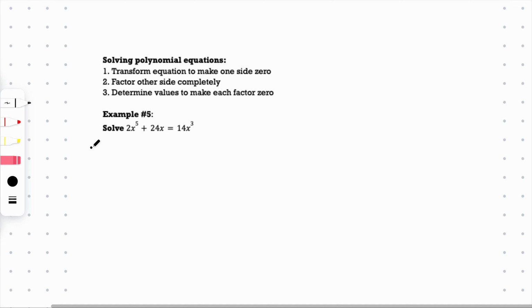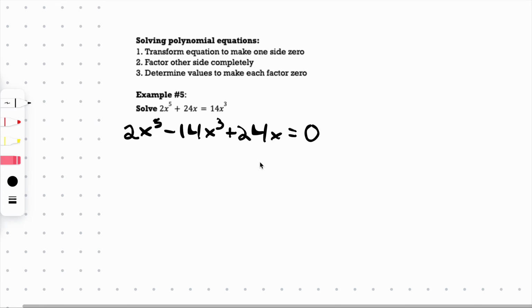So I'm going to rewrite this as 2x to the 5th minus 14x cubed plus 24x equals 0, just because I'm subtracting 14x squared from both sides. Now I'm going to take out the greatest common factor out of all of these. So in this case, I'm going to factor out a 2x.